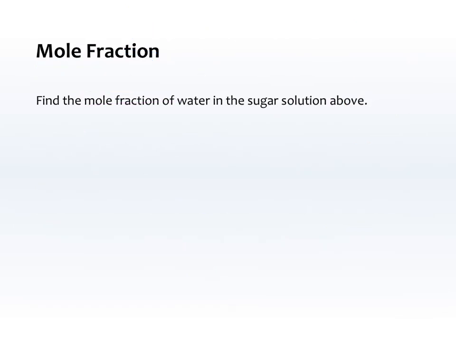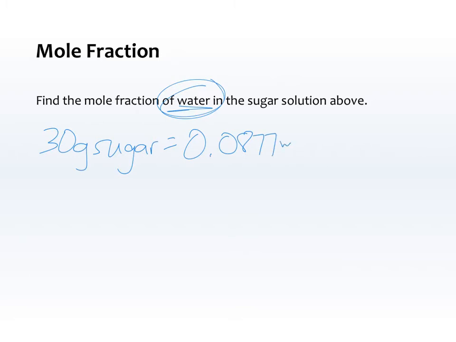So the next question says, find the mole fraction of water in the sugar solution above. So we want to do the exact same thing. We had that 30 grams of sugar, and that was equal to 0.0877 moles. And we had that 70 grams of water, and that was equal to 3.889 moles.